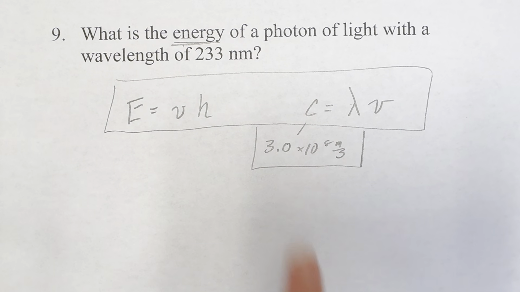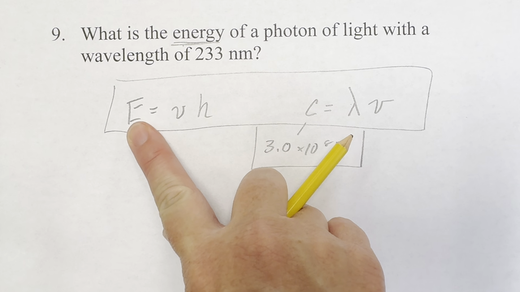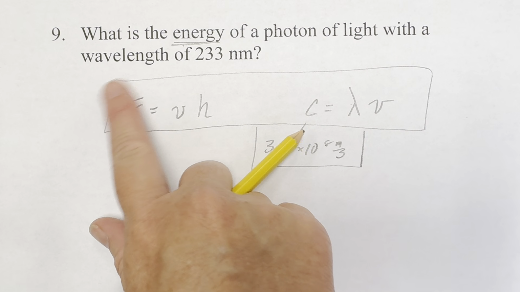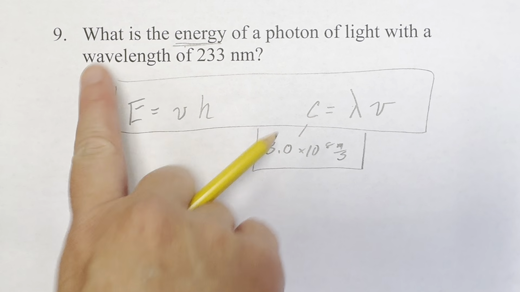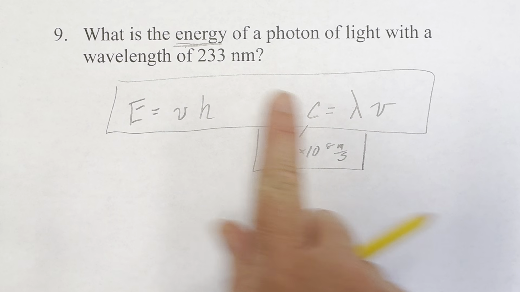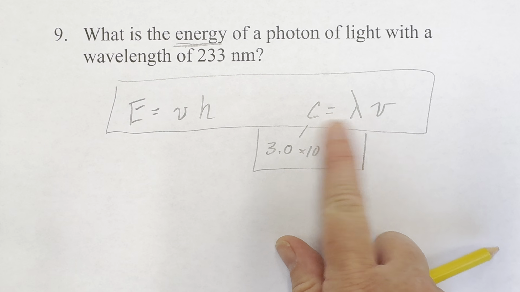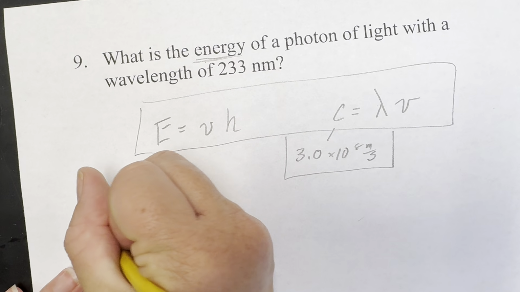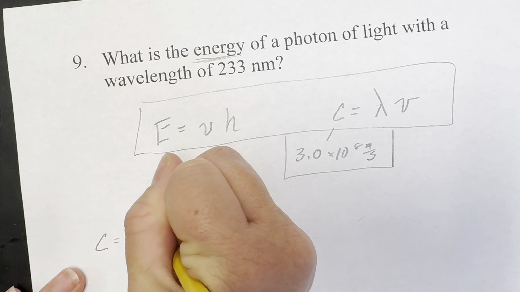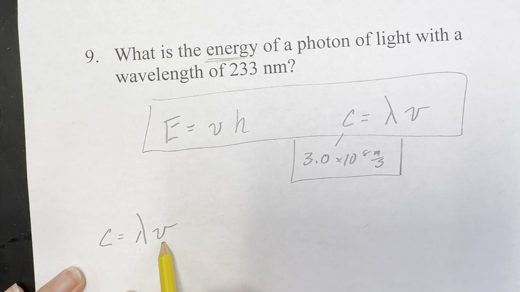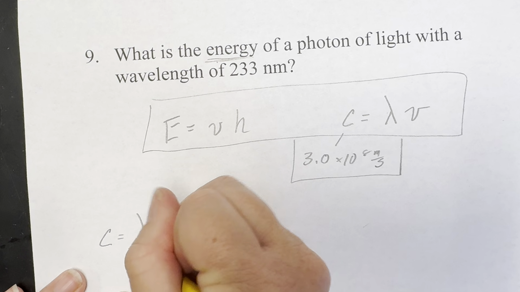So I'm looking for the energy of a photon of light with a given wavelength, but I'm given wavelength and I need frequency. So the first equation I'm actually going to use is my speed of light. So I have c is equal to lambda nu. So speed of light is equal to wavelength times frequency. I'm going to solve for frequency, so I want to get frequency alone.